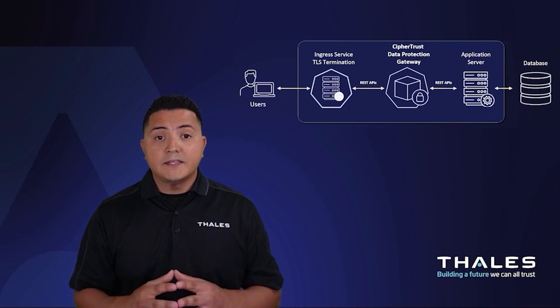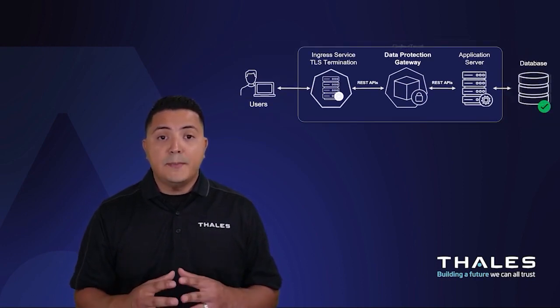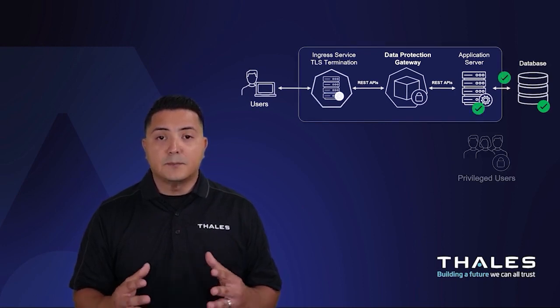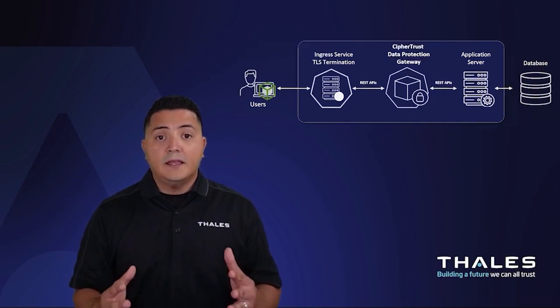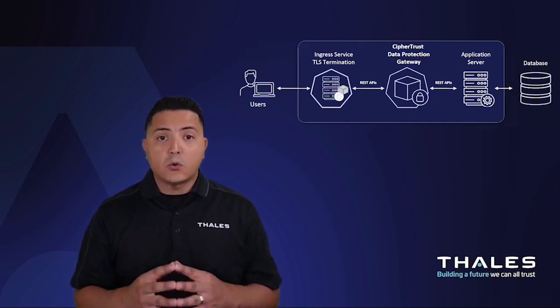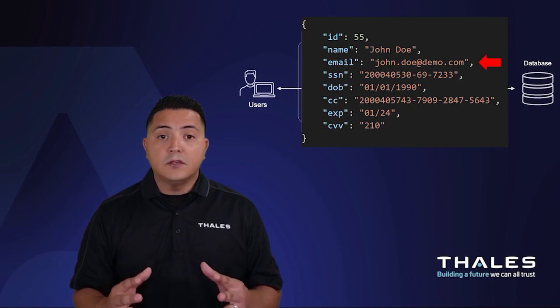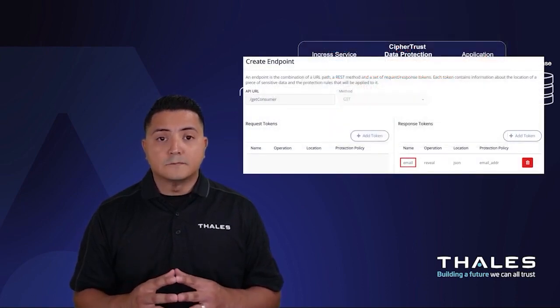Because we are encrypting the data before it hits the application or database, we're able to mitigate and reduce the risk to our critical data from being exposed from an insider or an external threat. And if someone tries to access their own record, the CipherTrust Data Protection Gateway container is able to decrypt and only reveal the email address based on the response tokens we configured earlier.